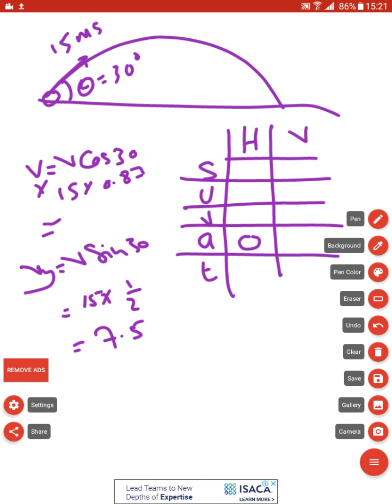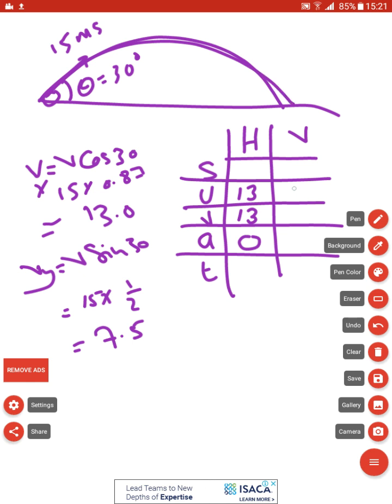Let's find its value exactly. 15 multiplied by 0.87 is equal to 13.05, let's say 13 meters per second. So the horizontal speed is 13. The horizontal speed is constant through all the motion.